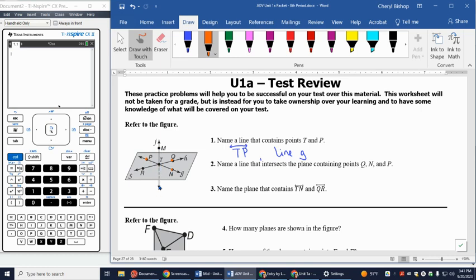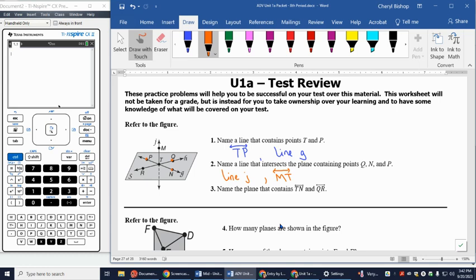That's the one that's going through the plane. So since I have a little j at the top of that, I can just call it line j. Or I could pick any 2 points off of this line. It only has 2 points on it, M and T, so I'd have to use M and T. I could use MT or TM, as long as I put the correct notation over the line.